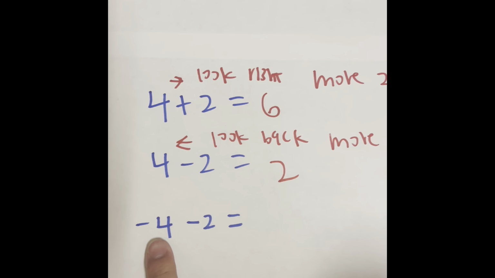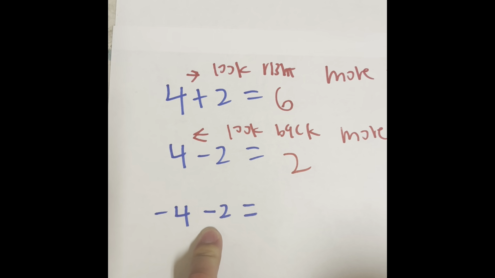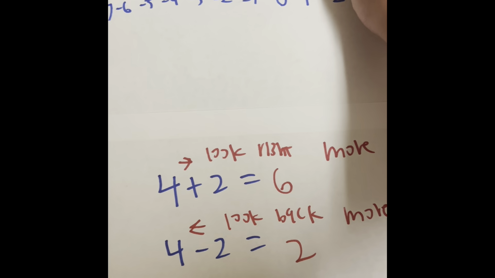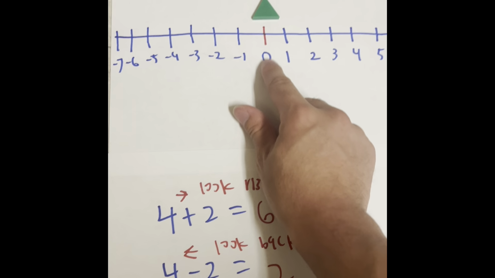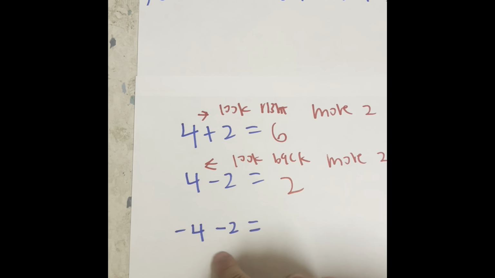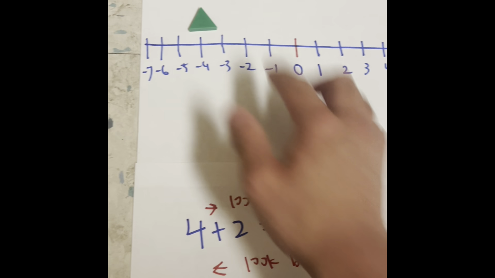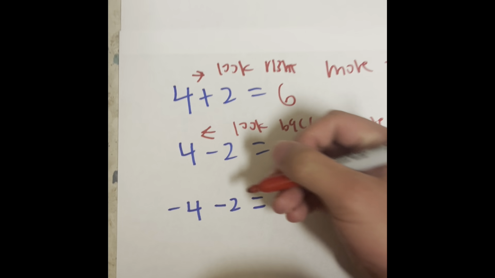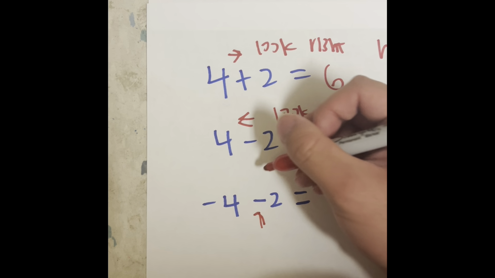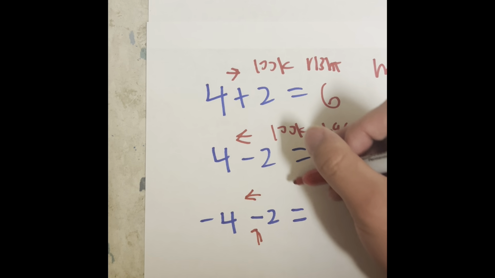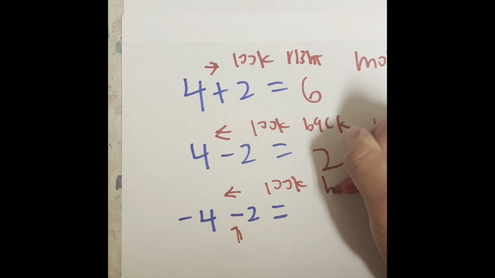What about this one right here? -4 and -2. We're going to put the triangle back at neutral 0. -4 is going to be 1, 2, 3, 4. But here's the thing. That subtraction symbol is going to make us go to the left. So look back.